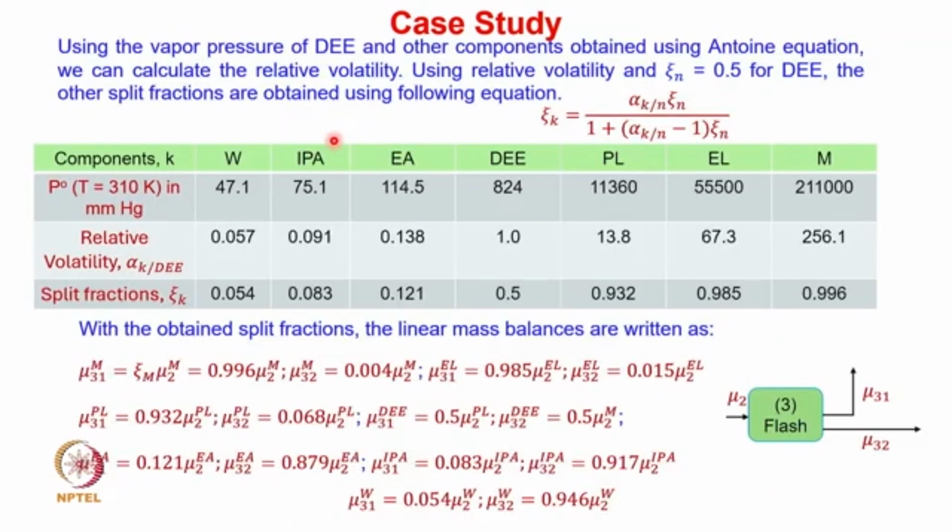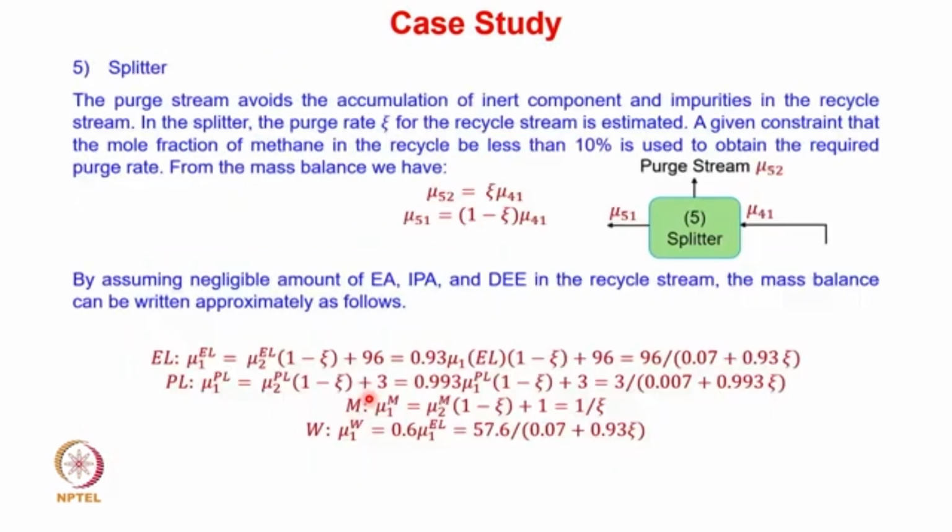That particular equation is used here. So mu2 EL is given as 0.93 mu1 EL, and mu1 EL is 1 minus zeta times mu2 EL plus 96. If we do the mass balance, this comes out to be 96 divided by 0.07 plus 0.93 zeta.